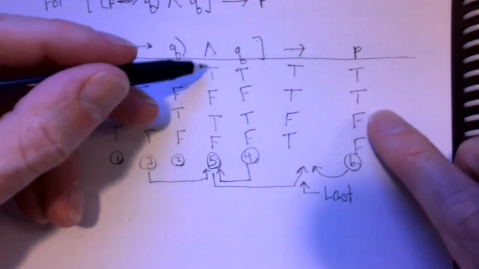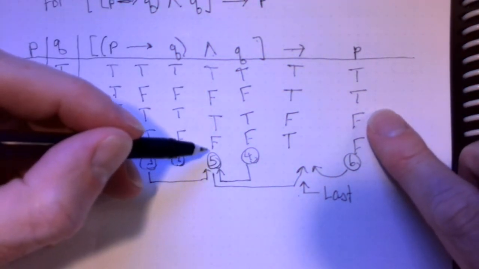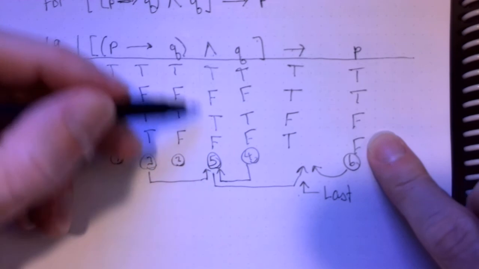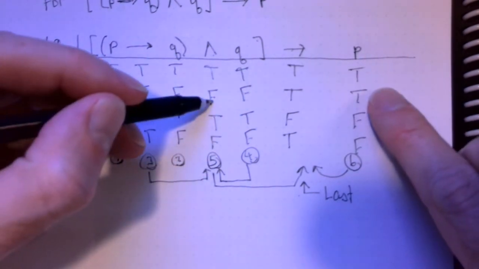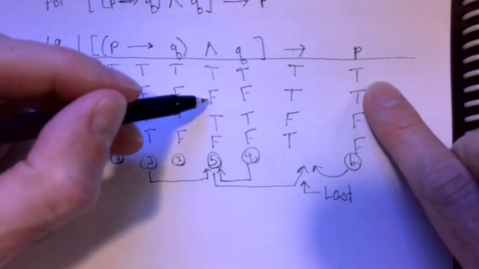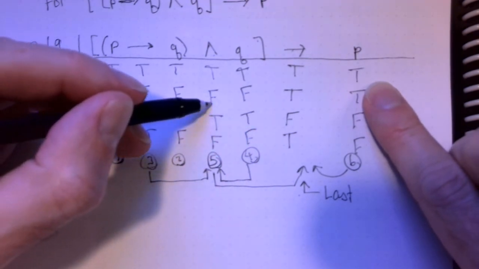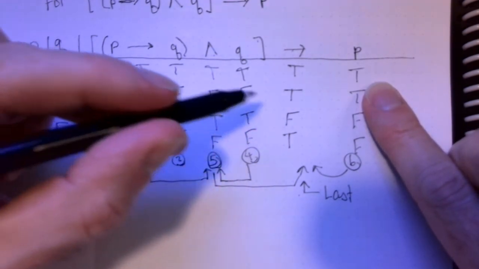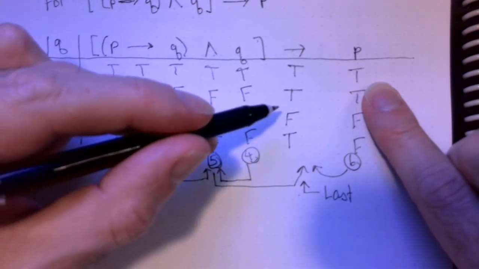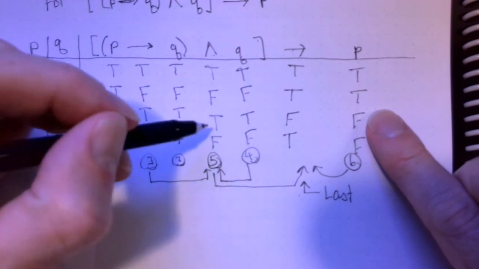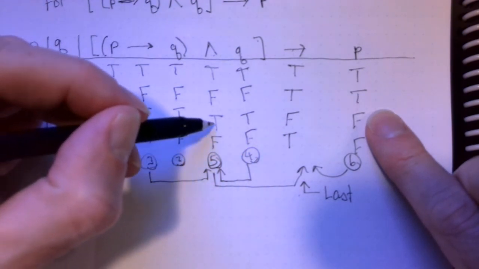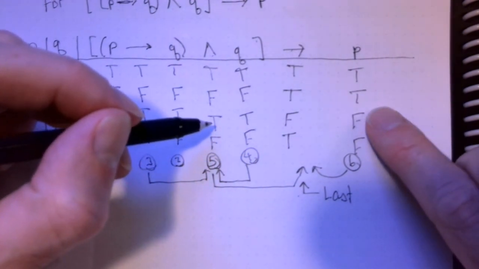Here is my antecedent, here's my consequent. True implies true, that's true. False implies true, that's true. Remember, whenever the antecedent is false, the implication is true. The only time the implication is false is when you have a true antecedent and a false consequent.